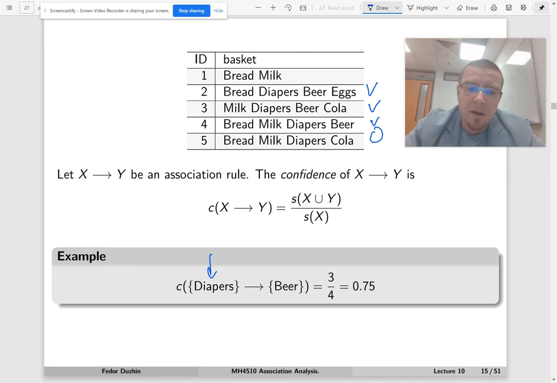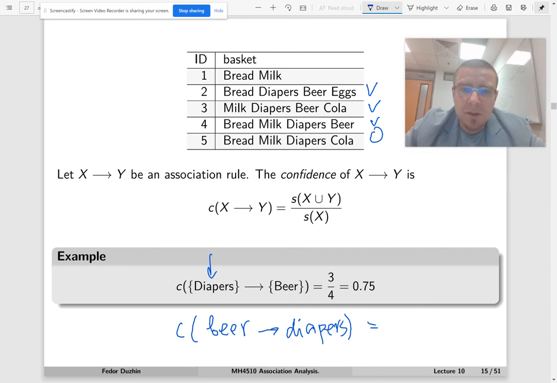Notice that if we compute the confidence of beer implies diapers instead, the numerator is still going to be 3, since it's beer and diapers together, but the denominator is going to be the support count of beer instead of diapers.